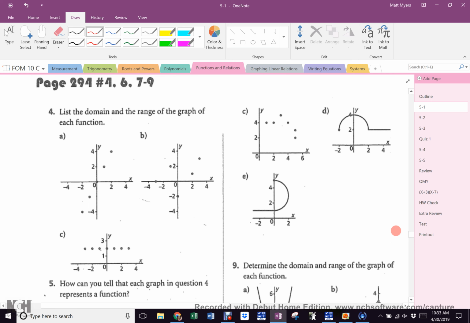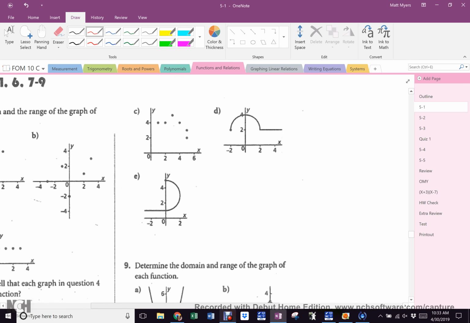And E. Because I bet nobody's gone that far yet. For C, can I use the arrows? No, it's got to be a list. Why? Because it's dots. Is there any x value right there? Is there an output at that x value? No. All right, so is it a function first?